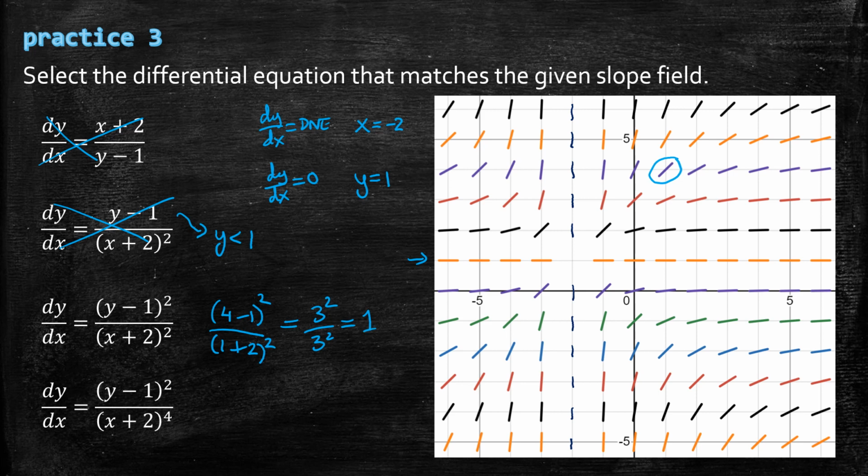And now just to double check that it's not the one below, if I put it in the one below, I would have gotten 3 squared over 3 to the 4th, which would have been a much less steep line. So we know it's not that. So this is the correct differential equation.